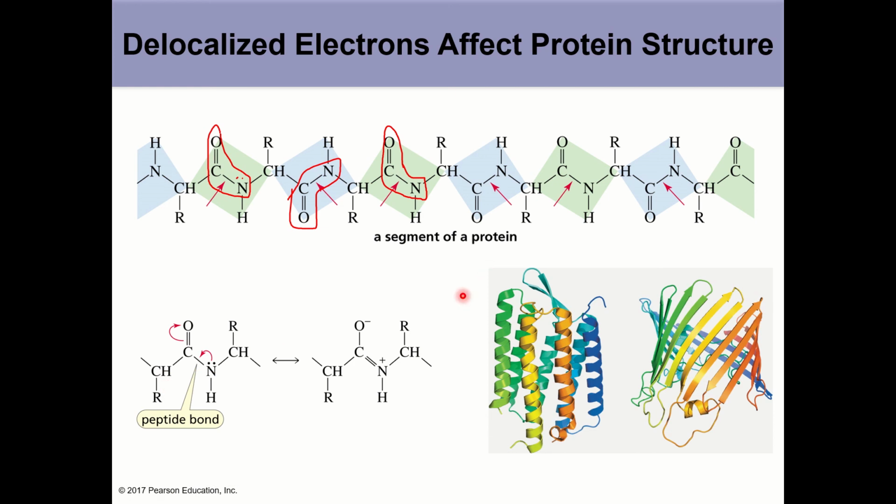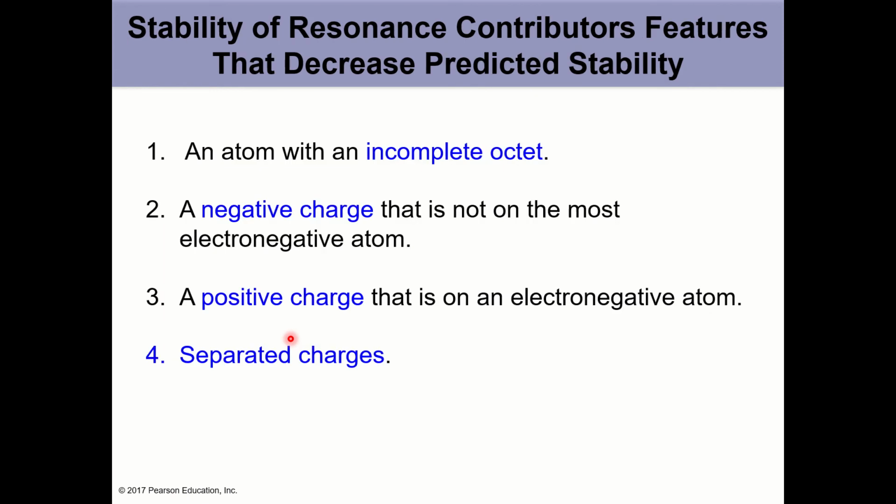Laser pointer. Okay. We have alpha helices and beta barrels that are formed because of the resonance structure of the amide, carbonyl, and nitrogen lone pair. So reviewing the stability and another biological molecule that has resonance contributors, DNA. But we'll talk about that later.